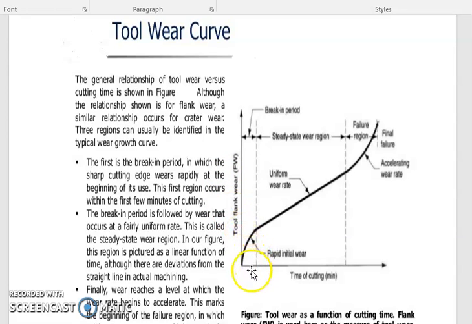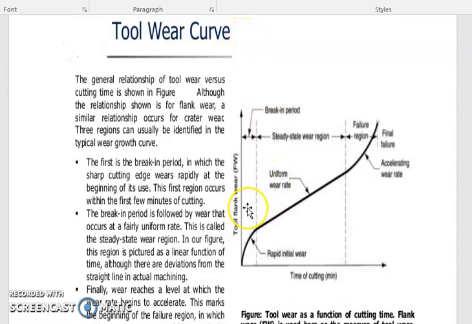As machining proceeds, at time t equal to 0 the grinding wheel is very fresh, and the load will come immediately and it will start its work. The behavior shows three distinct phases, which we represent here in the tool wear curve.